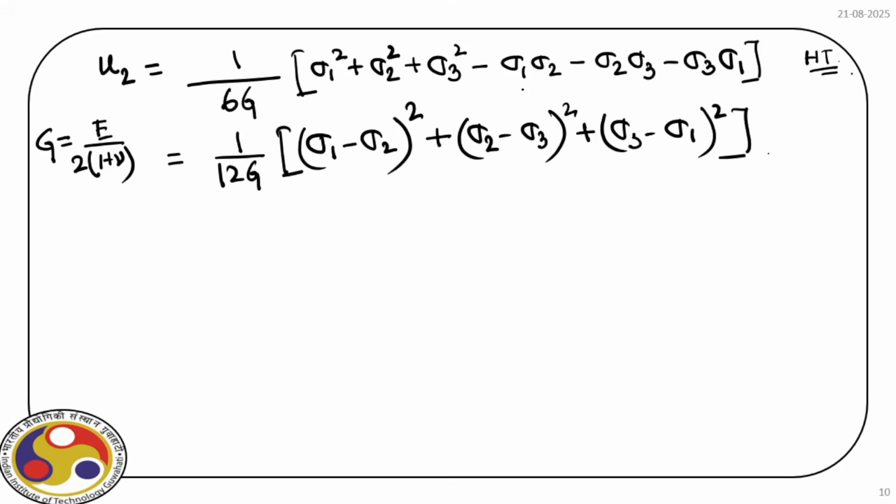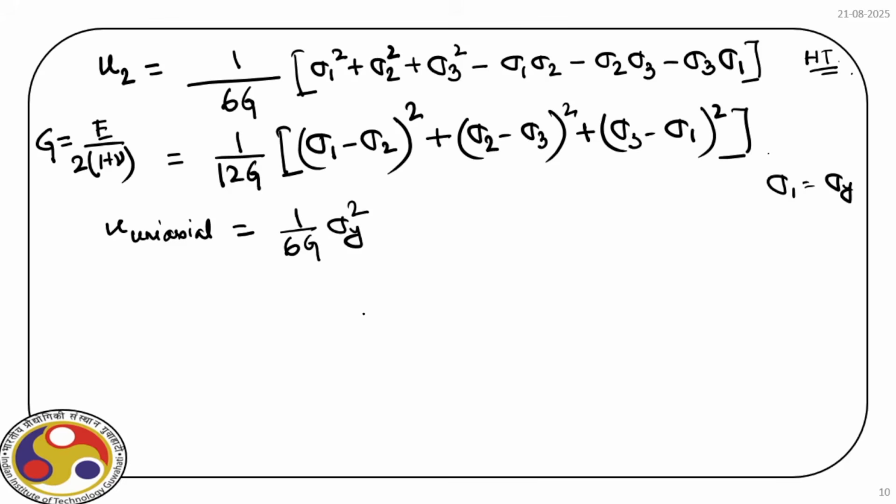Okay. Now again, for this case, we have to find out the limit from the uniaxial test, and for that again we will put sigma 1 equal to sigma y and sigma 2, sigma 3 equal to 0. And if we do that, our uniaxial energy is 1 by 6G times sigma y square.